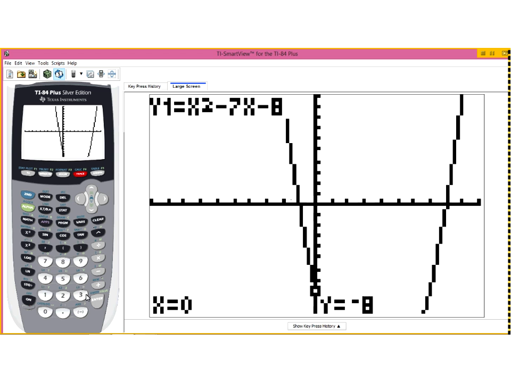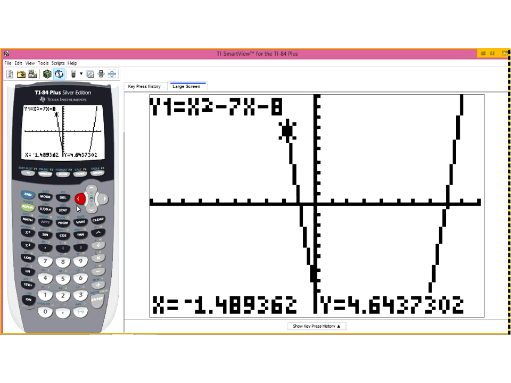If I hit trace and go to minus 1, see that that's the x-intercept. And so for values to the left of minus 1, my y values are positive. So x values to the left of minus 1 make my inequality positive.